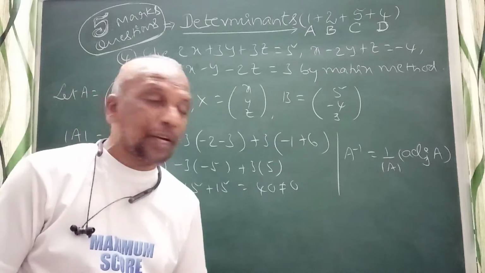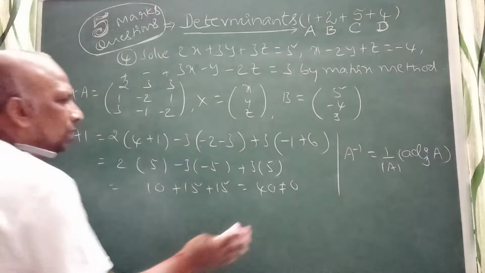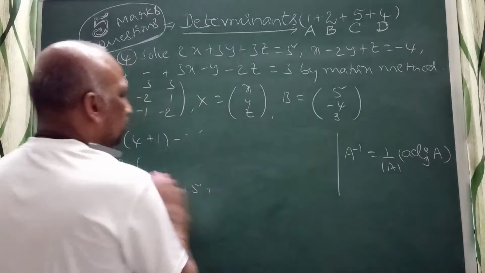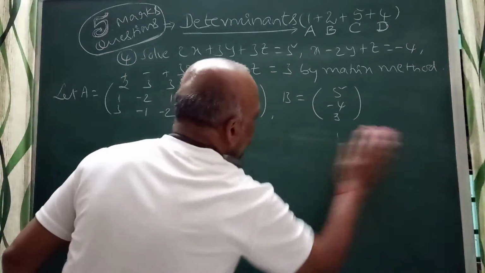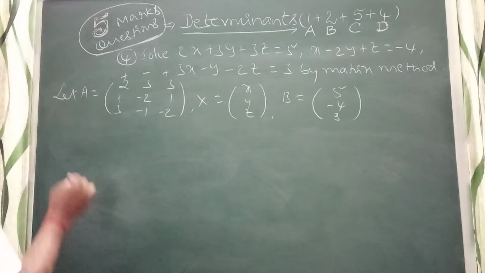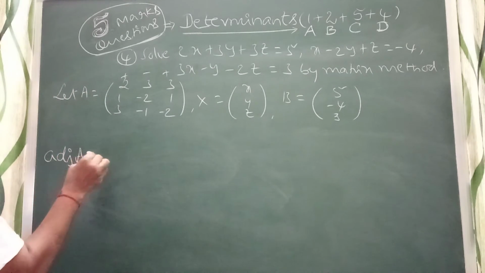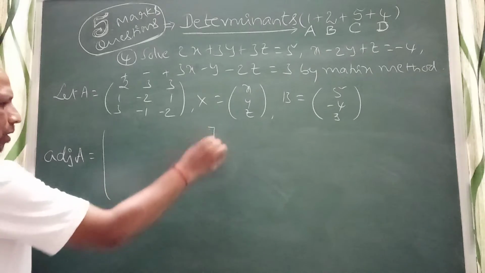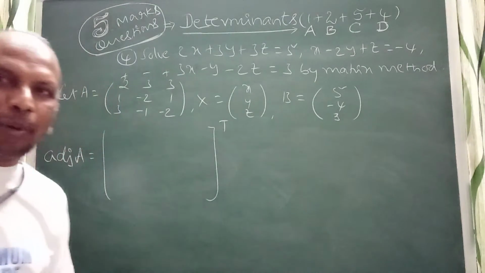Adjoint is required to find A inverse. I will find the adjoint. The adjoint is the transpose of the cofactor matrix.